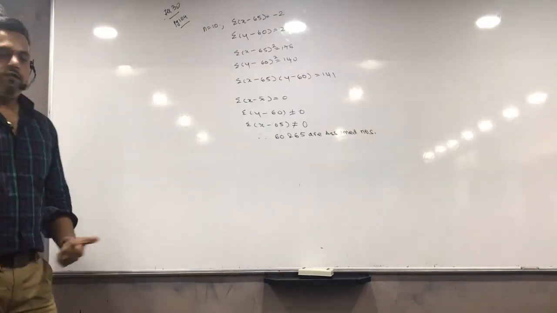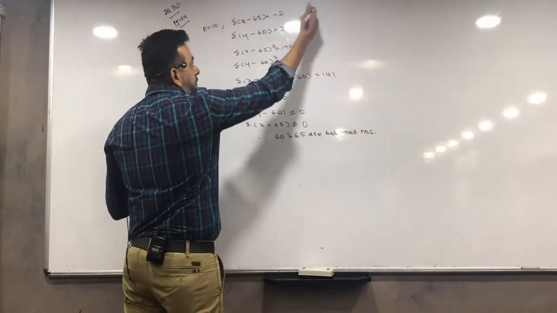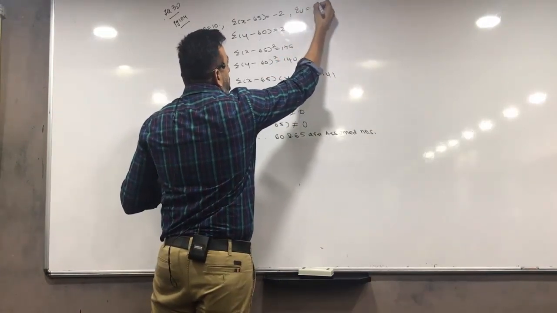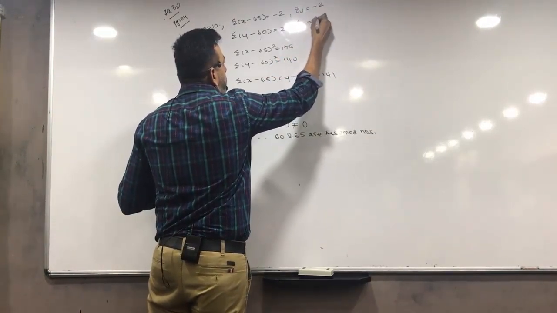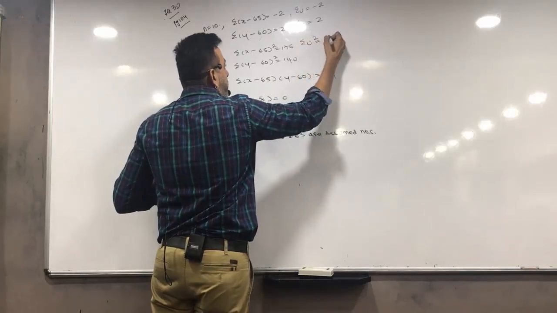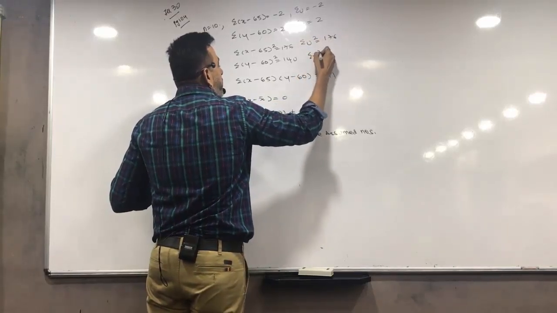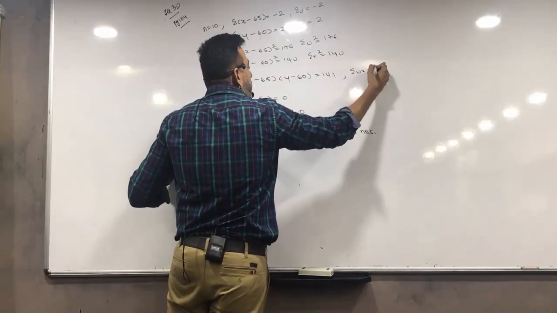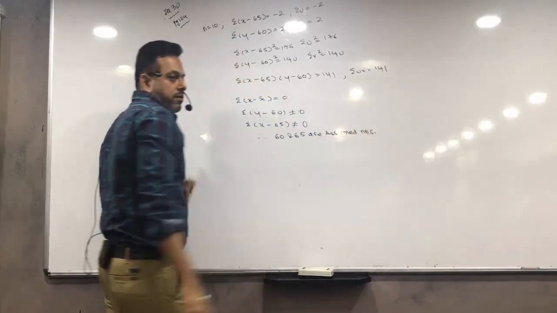Got it? So now the sum is open. Very simple. This is sigma u which is equal to minus 2. Sigma v is equal to 2. Sigma u square is equal to 176. Sigma v square is equal to 140 and sigma uv is equal to 141.